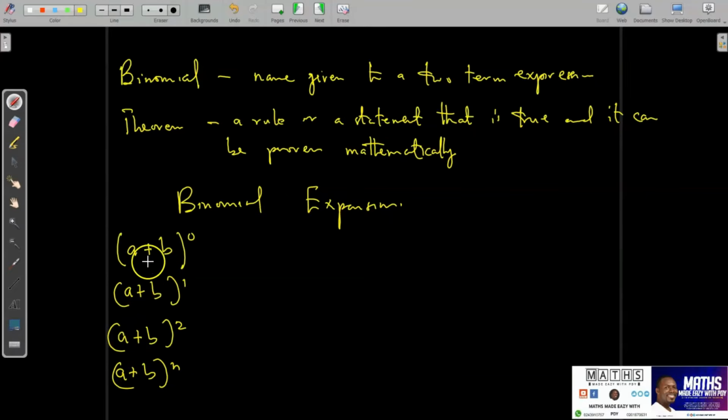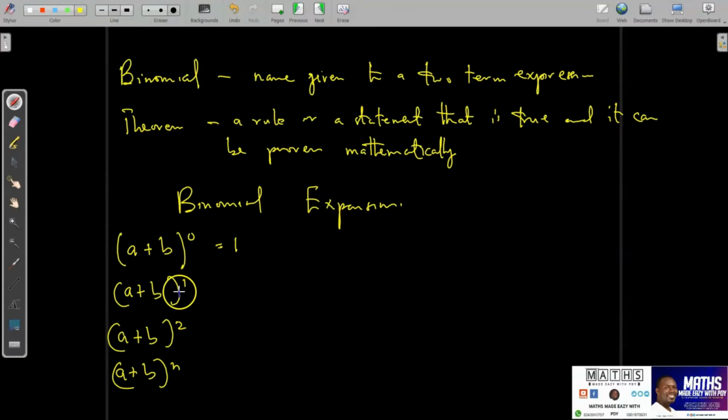Therefore, from the basis of expansion or powers of numbers, you've come across the idea of power zero. Whenever you have any number raised to the power zero, what answer does it give you? Yes, please. 1. Good. So it means (a + b) to the power 0 is also 1.